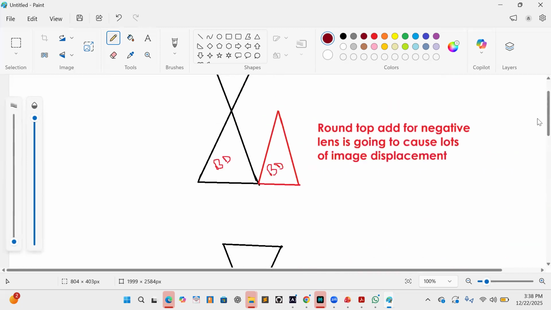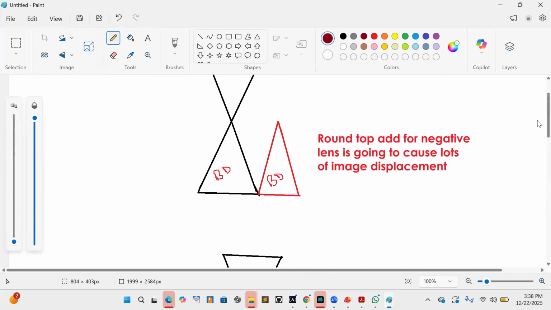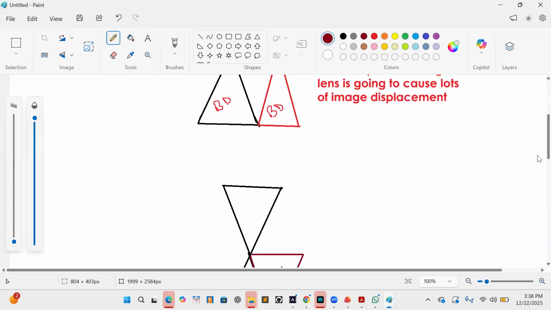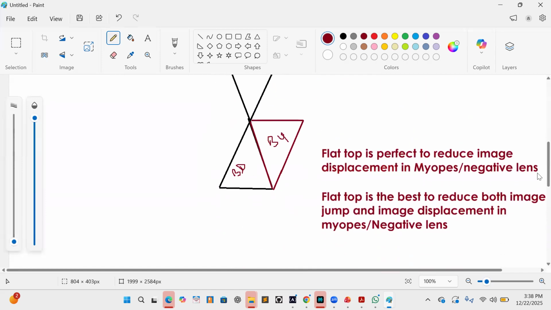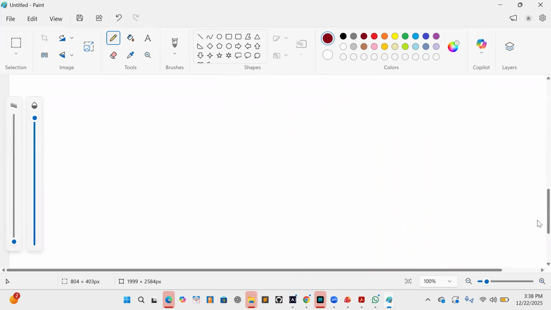Now for the plus lens, the round top is good to reduce image jump, but the round top is worsening the image displacement. So what do you do? Usually what we say is that the choice depends on what the patient will need most.